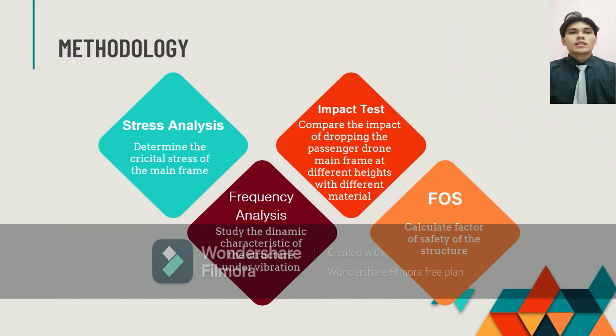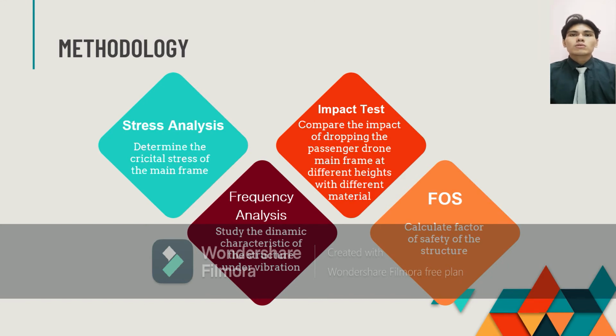There are 3 analyses that have been made on the drone design in this project. First, stress analysis. Second, frequency analysis. Third, impact test. The stress analysis is to determine the critical stress acting on the mainframe. The frequency analysis is to study the dynamic characteristics of the structure under vibration.